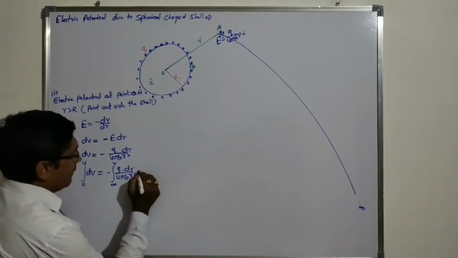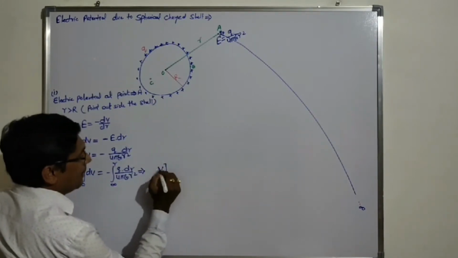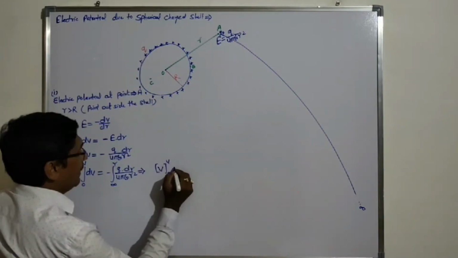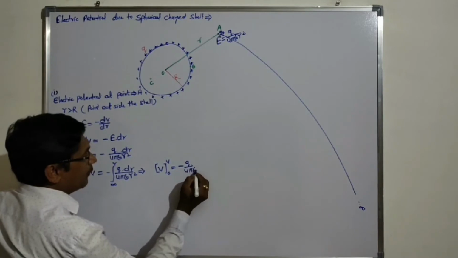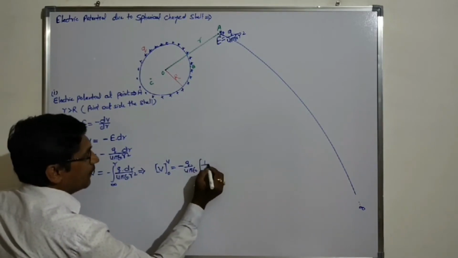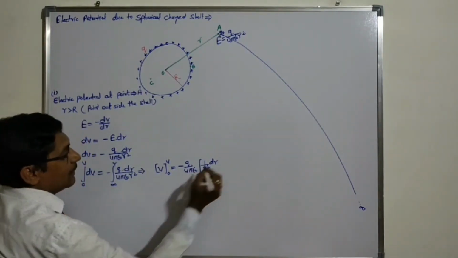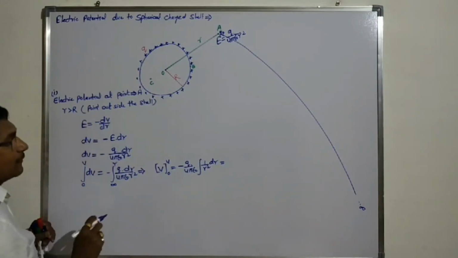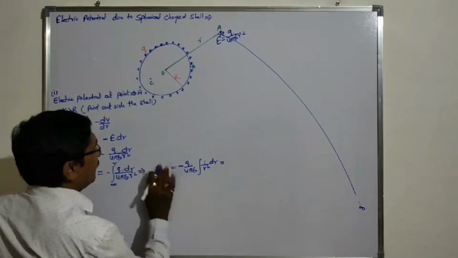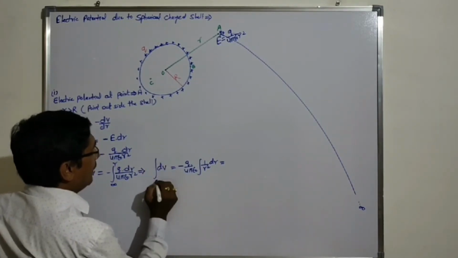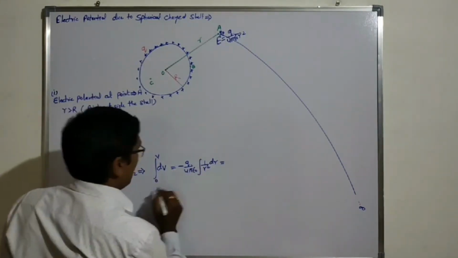So we can calculate the integration of dV from 0 to V equals minus Q upon 4 pi epsilon naught, which is a constant value, so we can take it outside the integration sign, and here is dr. Now we can solve this.